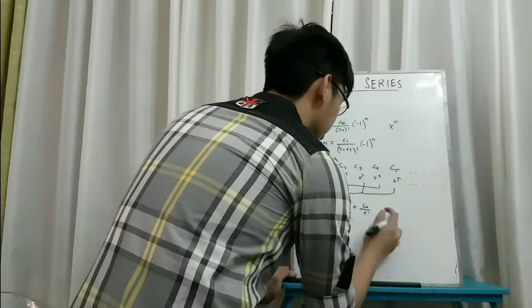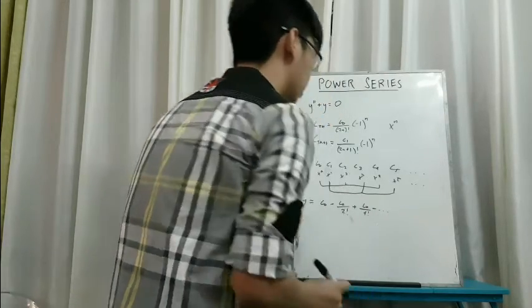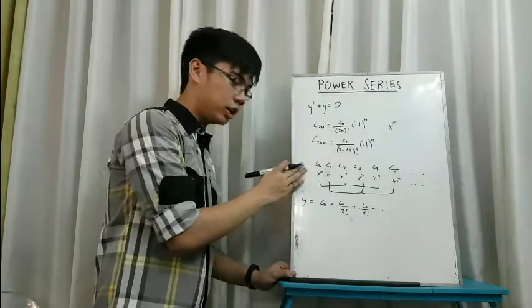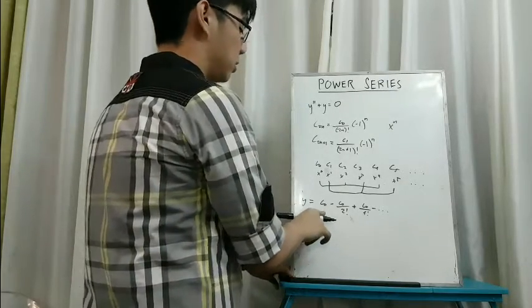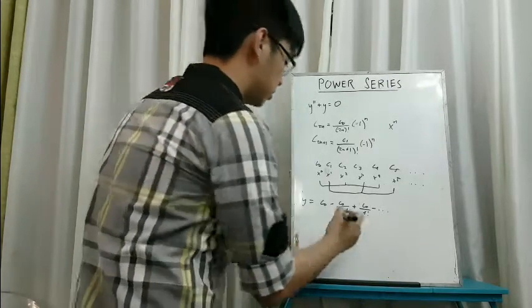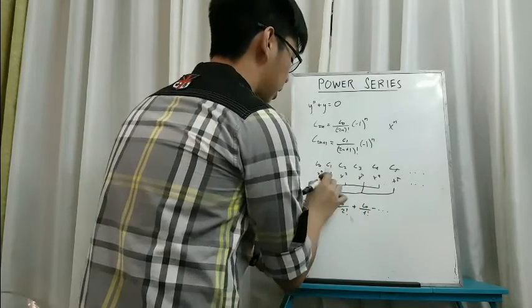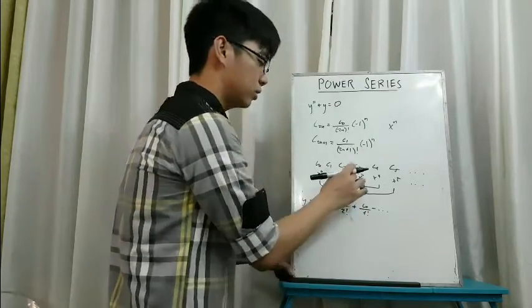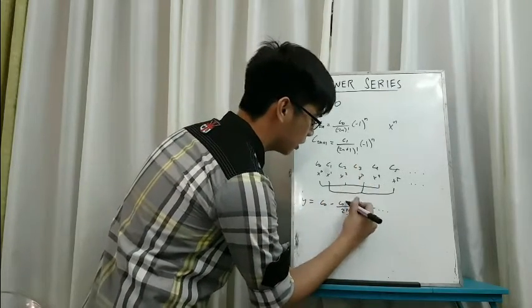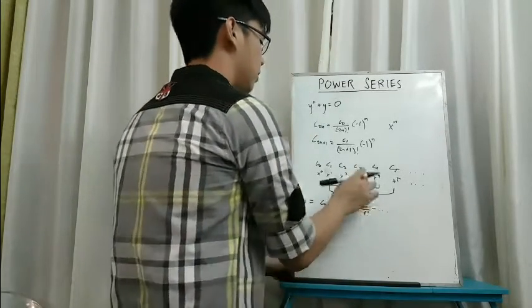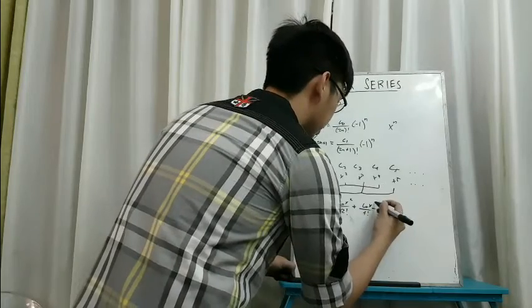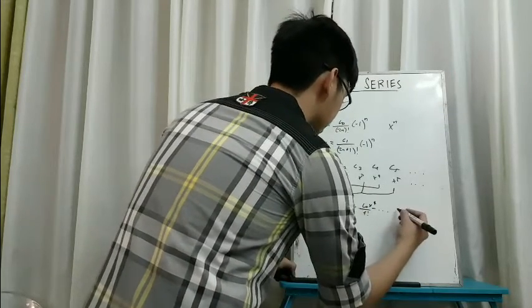Okay, minus that. Okay, remember what I have told you here. So this is C0, right? So that would be x raised to 0 times 1. And this is C2. As you can see, there is x squared there. C4, x raised to 4. We can factor this out.